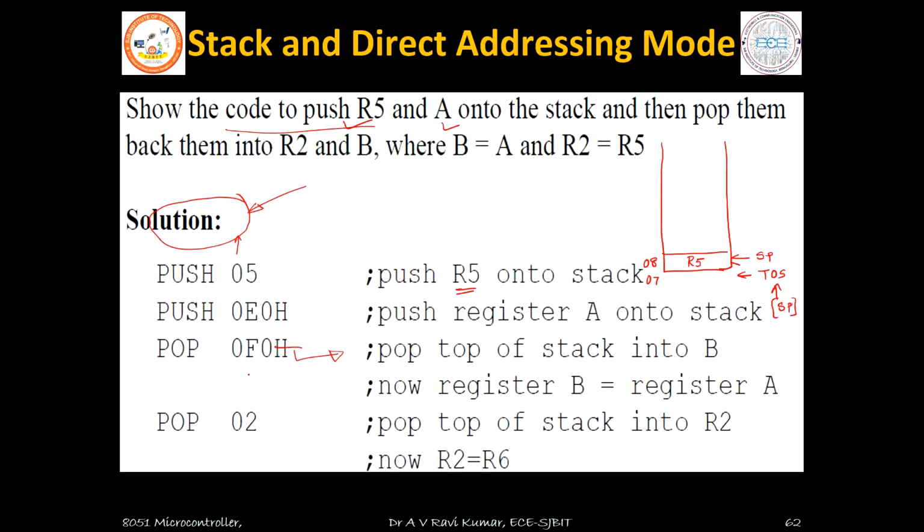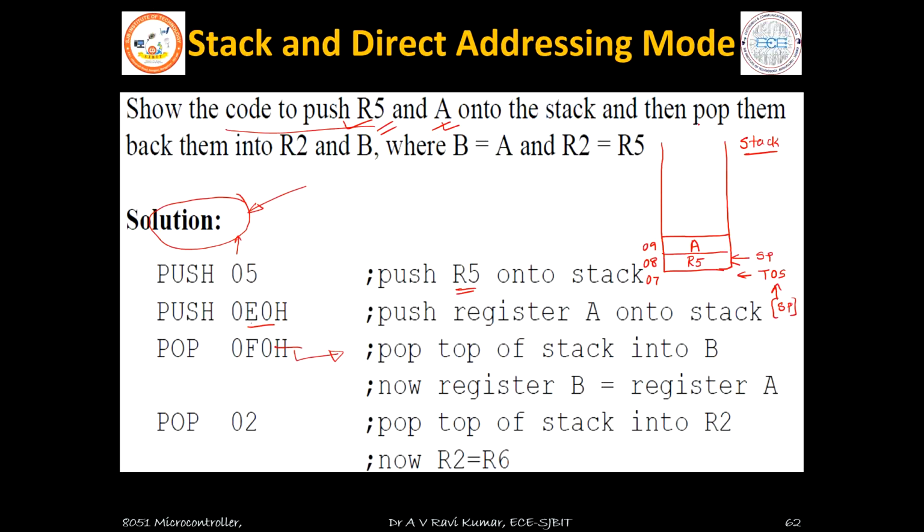A is E0H, so I push E0H, then again the stack pointer is incremented by 1, and here the content is A, that is 09H. This is your stack in the RAM area. So the content of R5 and the content of the accumulator are pushed onto the stack.